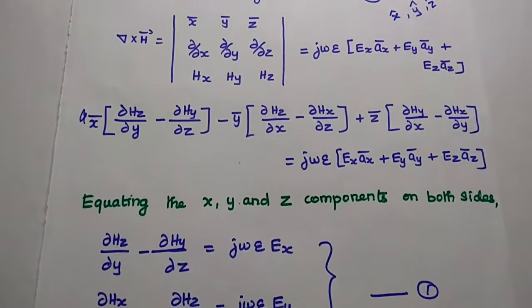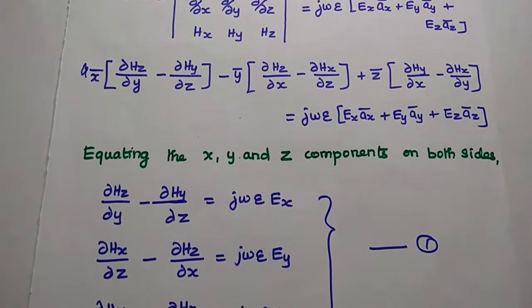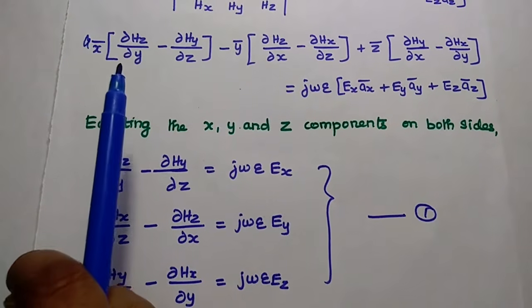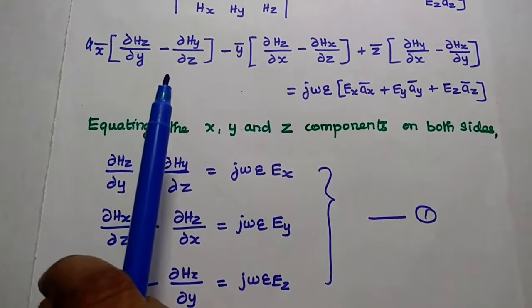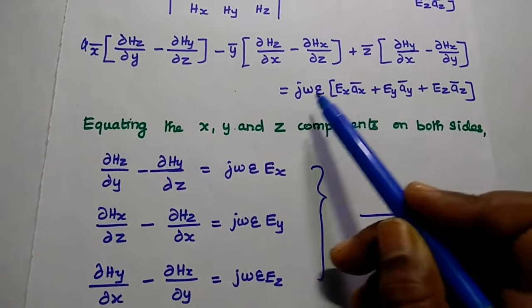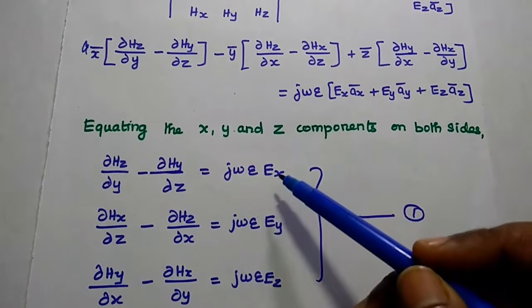From this, we can equate the x, y and z components on both sides. The x component is dou Hz by dou y minus dou Hy by dou z, which is equal to j omega epsilon Ex.